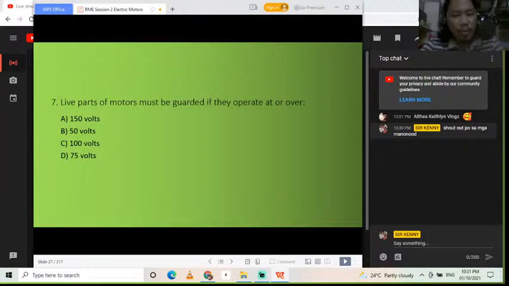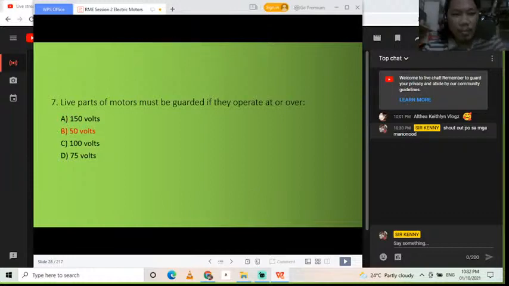Or D, 75 volts. Live parts of motors must be guarded if they operate at or over blank. Okay, so correct answer po natin ay 50 volts. Okay, 50 volts.